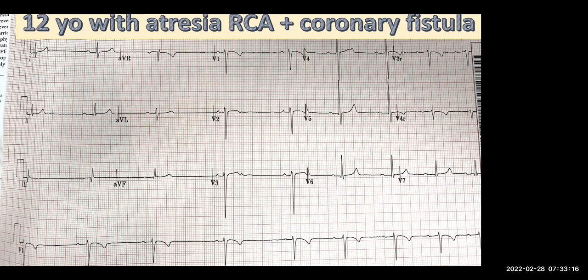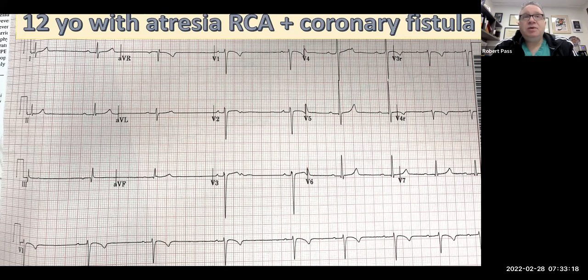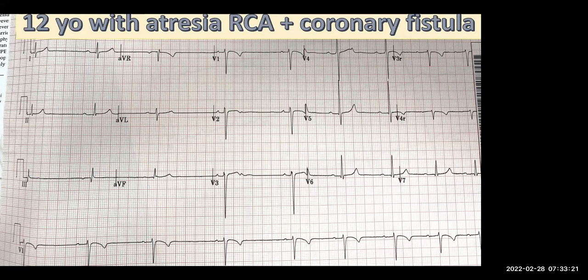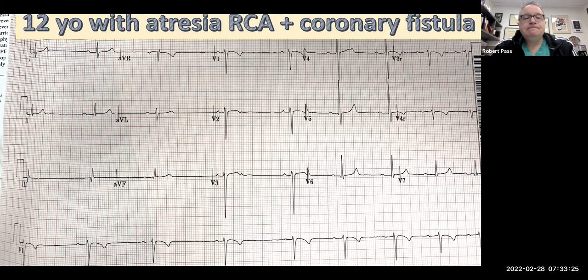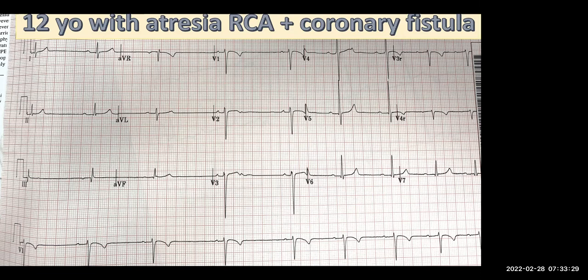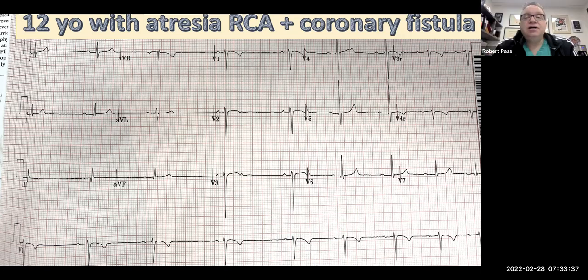What do we think about Wenckebach when we see it in an awake patient? Unusual. Yeah, it's a little unusual and a little bit worrisome. So the branch supplying the sinus node area comes off the proximal RCA. In most human beings, the SA node artery is usually from the right coronary.